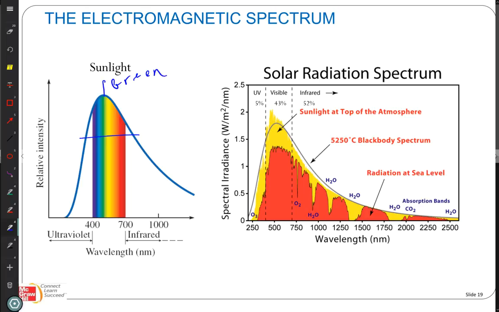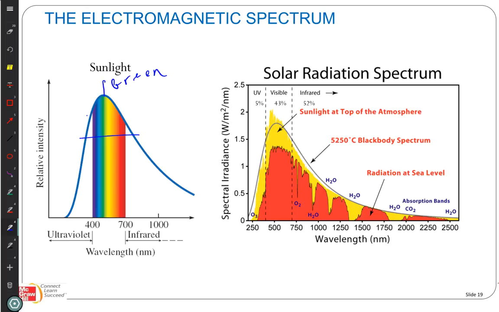It's green at the peak. Nobody says it's green because our eye has 3 kinds of cones. One that's most sensitive to green, one that's most sensitive to red, and one that's most sensitive to blue. And we interpret color by how much of each one of those is activated. And if they're activated about equally, we interpret that as white.